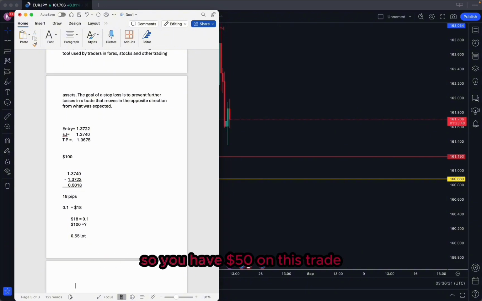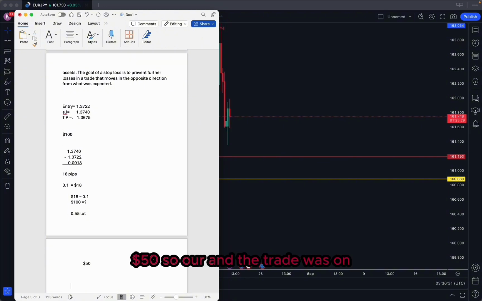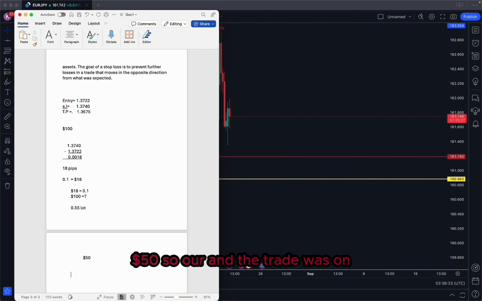We are going to buy this market with $50. The trade was on Euro against the JPY, and our entry level was 161.19.